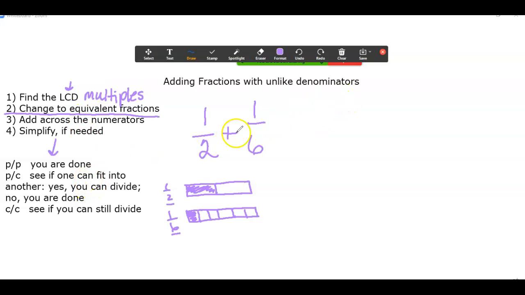Okay? So remember that means I need to have my list of multiples of 2 and my list of multiples of 6. I like to do the first 5 multiples and then stop. And I can add more if I need to. So 2, 4, 6, 8, 10. And remember, if I do not know this off the top of my head, I can look at my multiplication chart, which I've shown you several times how you can Google. Okay, so then I have 6. Well, the first multiple of 6 is 6, correct?